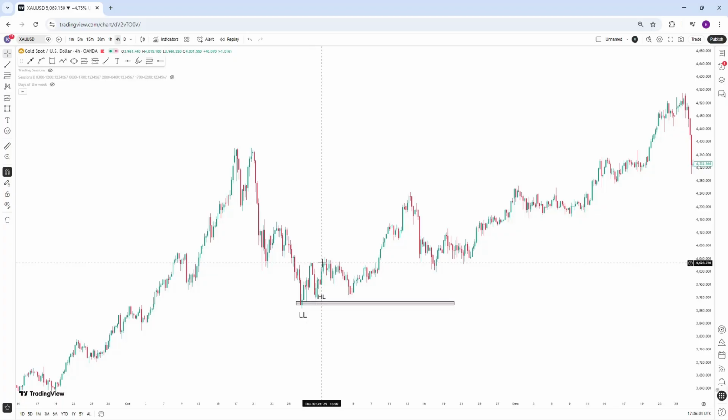Right, after we mark this level, see price is failing to break here. Whenever price reaches this level, it's selling, you can see over here.